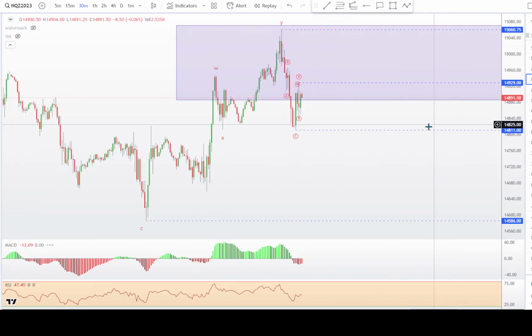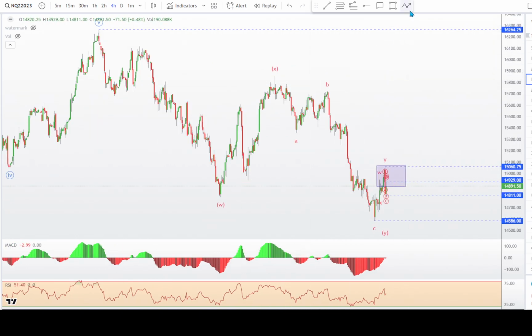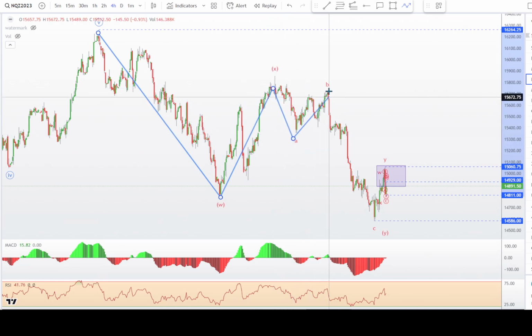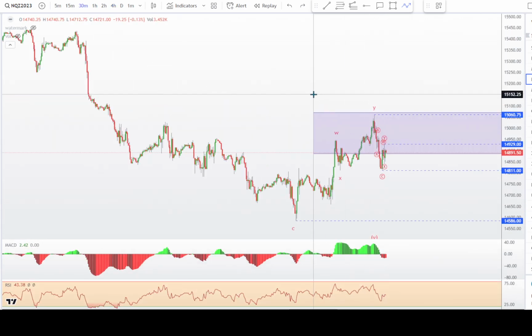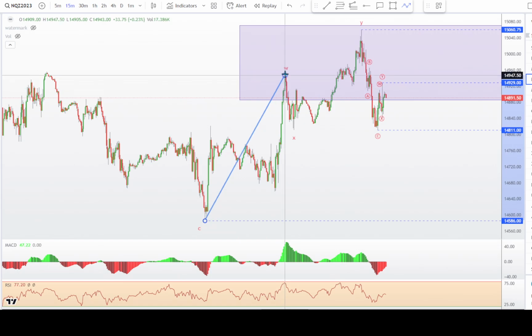Moving on to the Nasdaq. So here is why. If we just zoom out, it's going to have the same basic overall structure: W and X, and then here was A, B, and C. So same deal. Now, when I drill in here, what I see so far is a three-wave pattern.